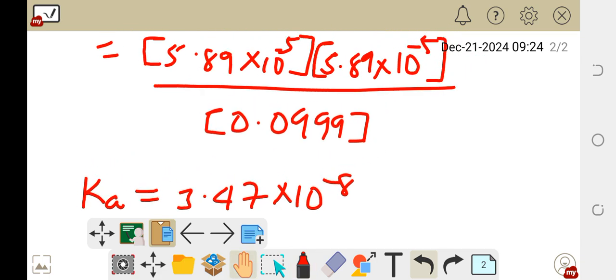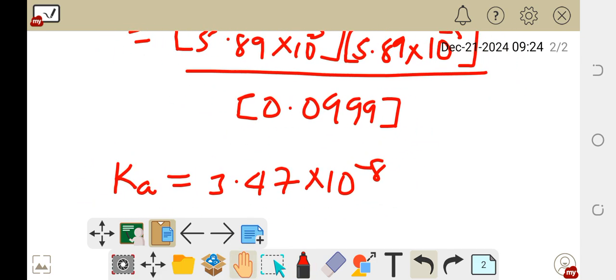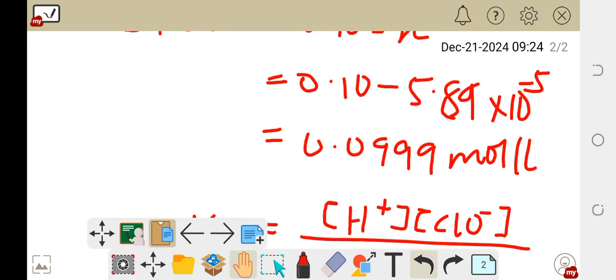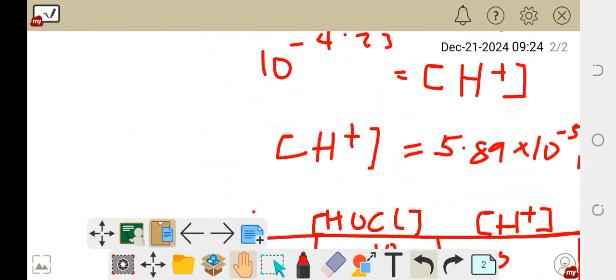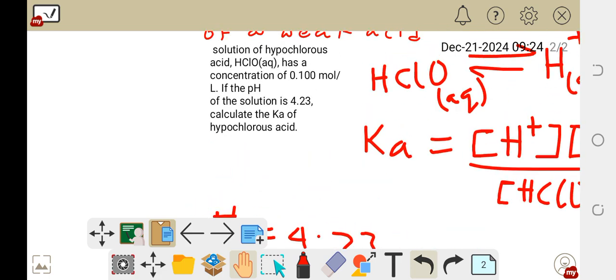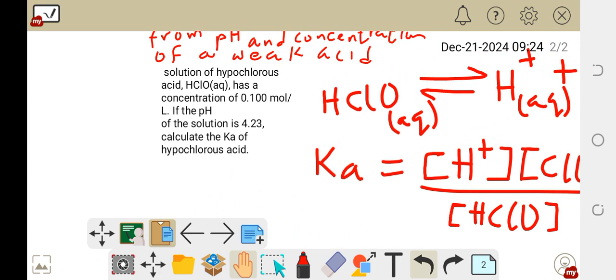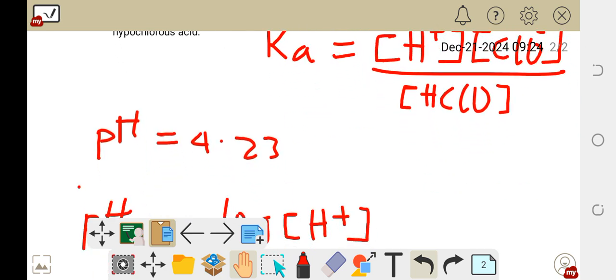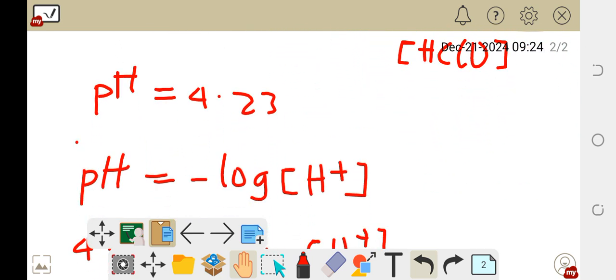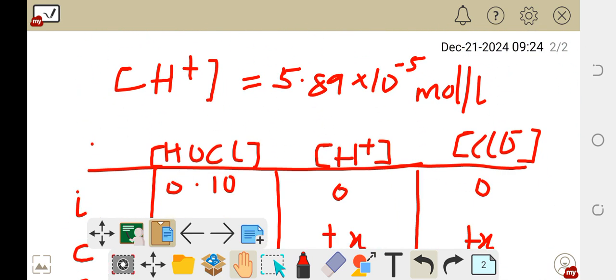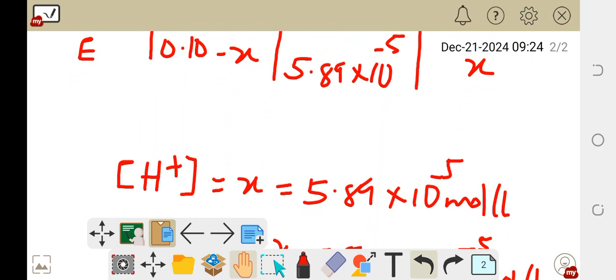Since it's just a constant, we can do it without the units. So the Ka of hypochlorous acid with a pH of 4.23 is 3.47 times 10 raised to power minus 8.